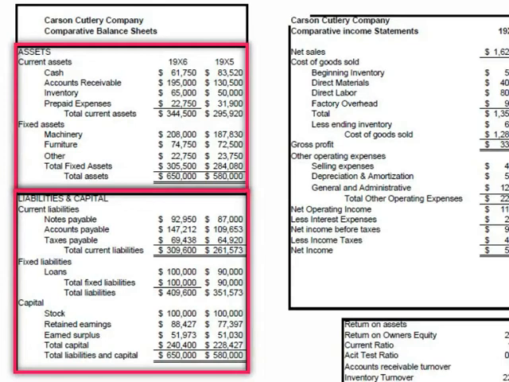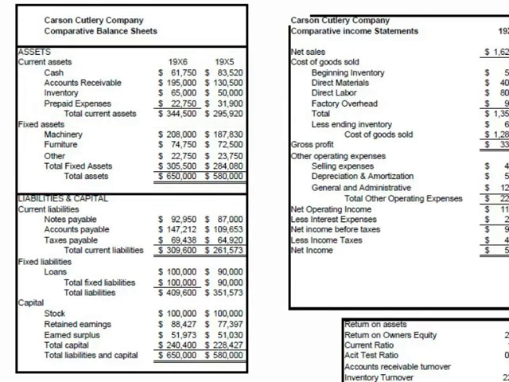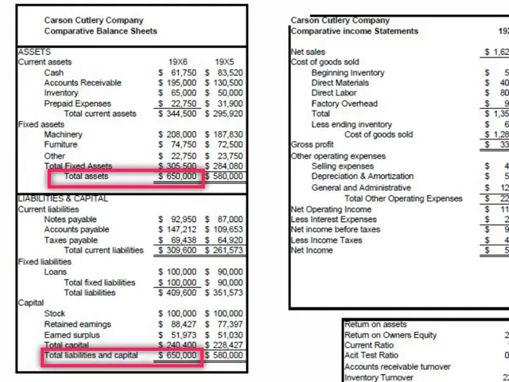The assets are the total resources that a company has in order to make their operations, and it is divided in current assets and fixed assets. The total of assets is 650,000, and that should match the total liabilities and capital, which is also for the most recent year 650,000.